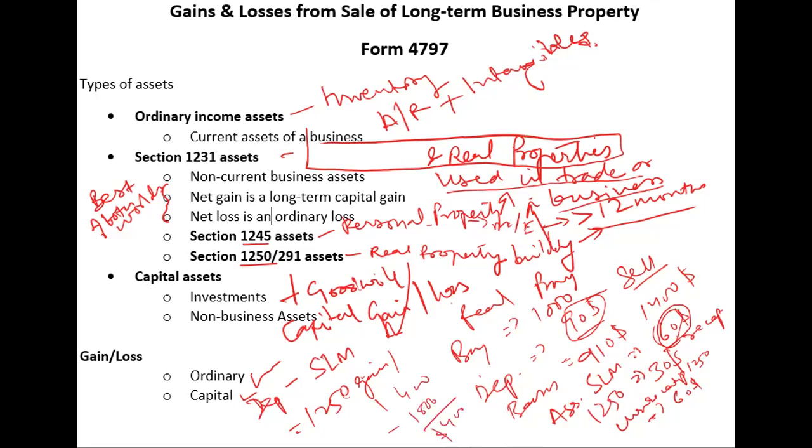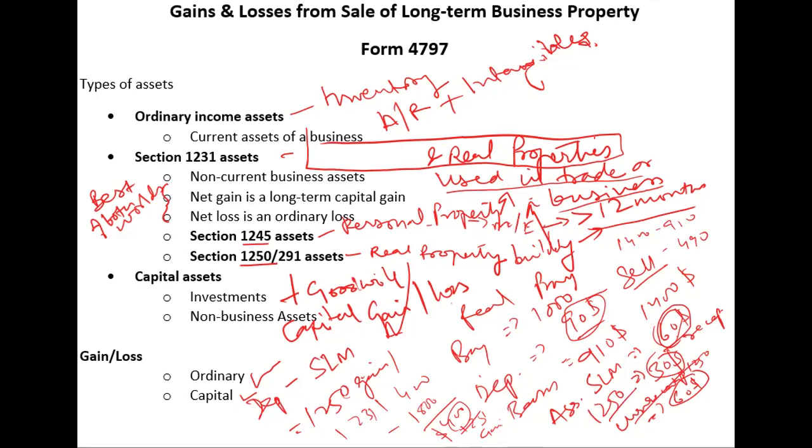This $400 will be considered 1231 gain. So the total of 400, 60 and 30 is 490, which equals 1400 minus 910. The 490 is divided into three: 1250 gain, unrecaptured 1250, and 1231 gain. This is how we solve personal property and real property.